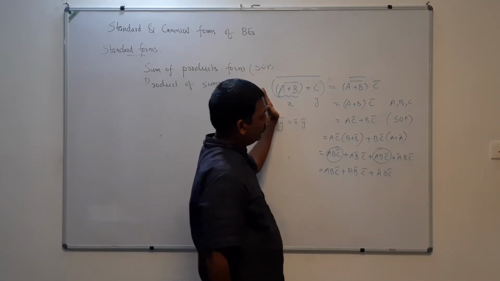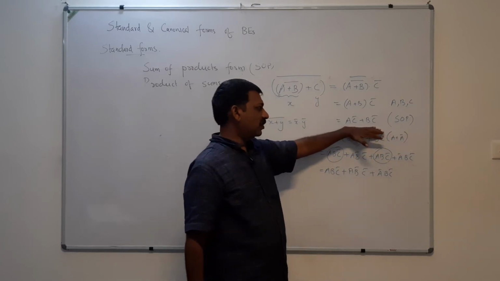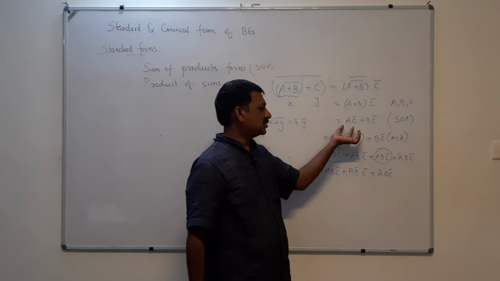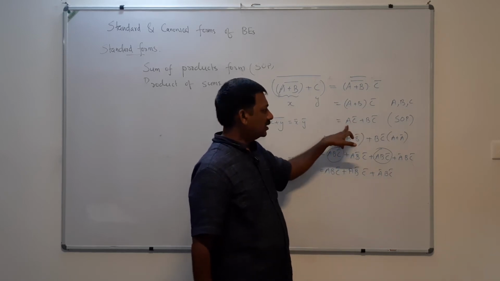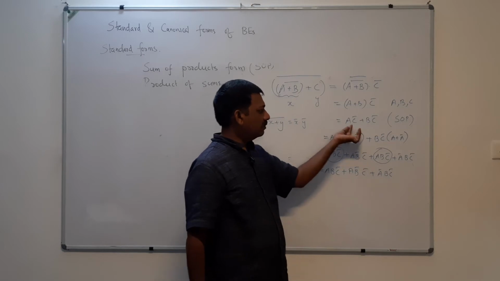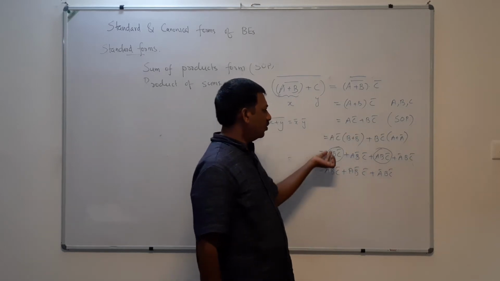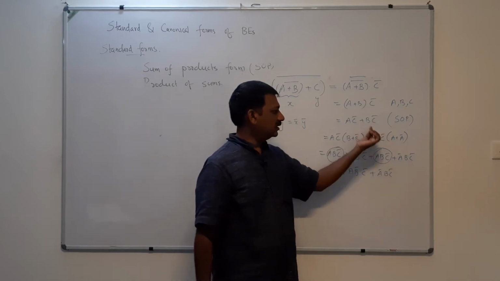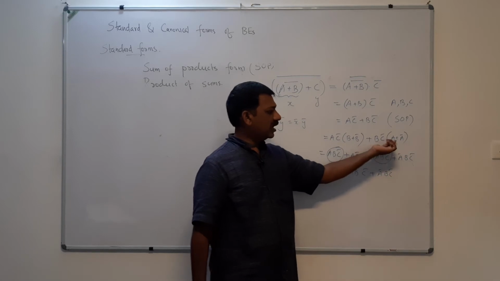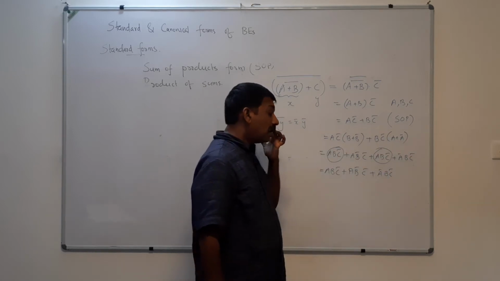First of all, you have to convert this to sum of products form, and in this sum of products form, what are the terms lacking in it, or not present in it? Here B term is not there, here A term is not there. So for that you multiply with B plus B bar, and here as it is lacking the A term, we multiply that with A plus A bar. A plus A bar is 1, there is no change in the value.